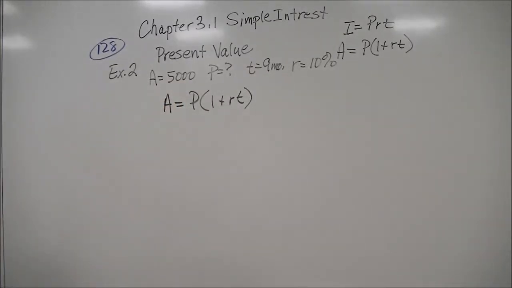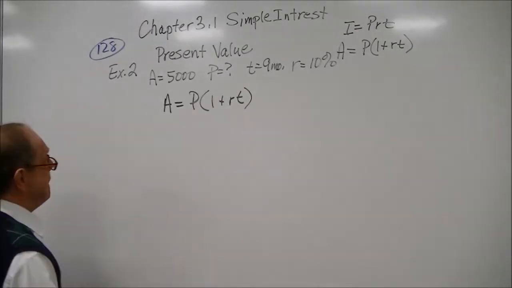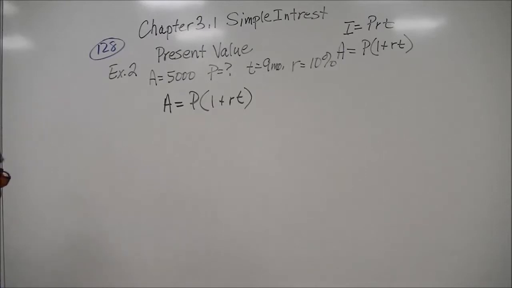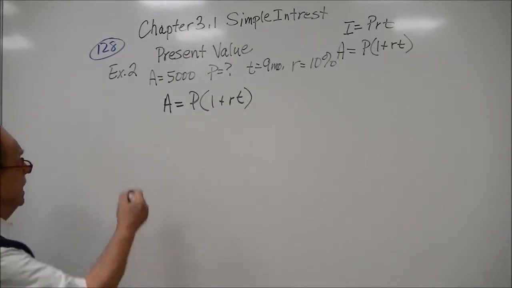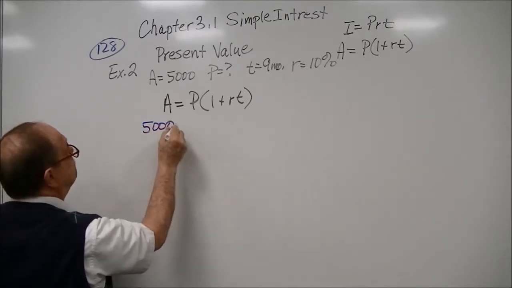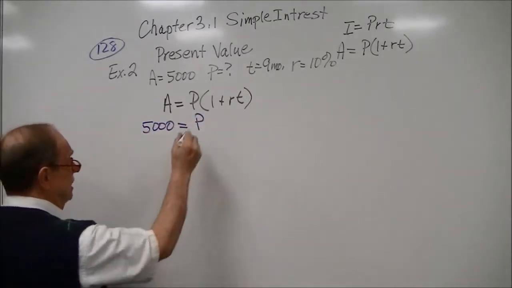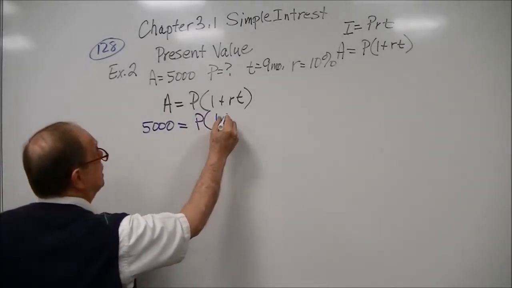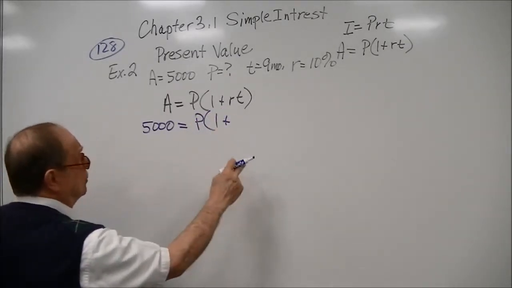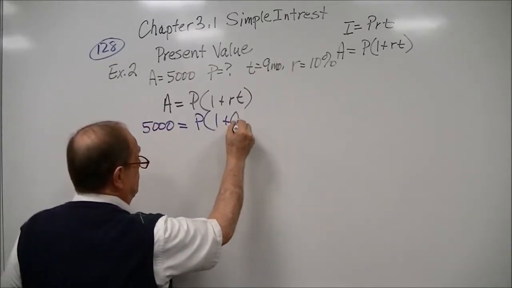So again, you're going to use this particular formula, and we start to fill it in. Now we know this is going to be 5,000. We don't know the P. This is 1. Now we know our rate is 10% that we need to convert to a decimal.